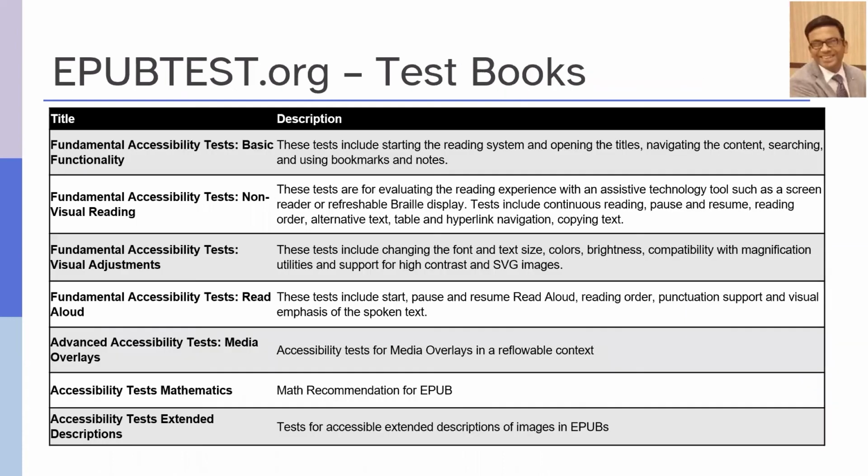The test books can be downloaded from epubtest.org. You can go to this website and you can check the test books page. There you will find various test books which are currently on screen. All of them are available for download. Developers can download these books and load them on their reading systems for testing.